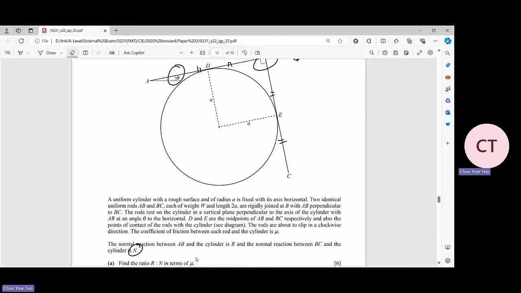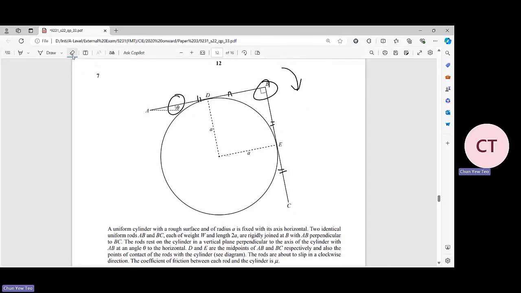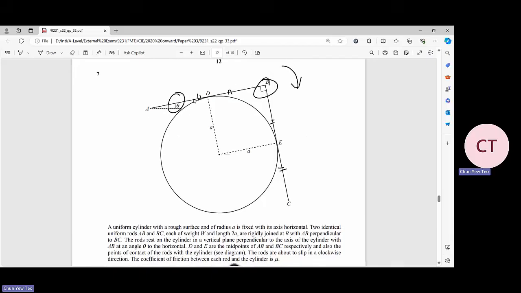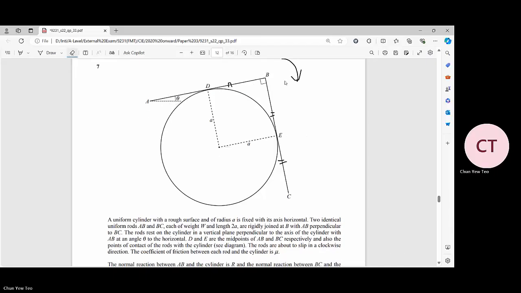A lot of information over here. We need to put it into this diagram, so let's make this diagram clearer. First of all, the weight of each rod is W and the center of mass must be at the midpoint.